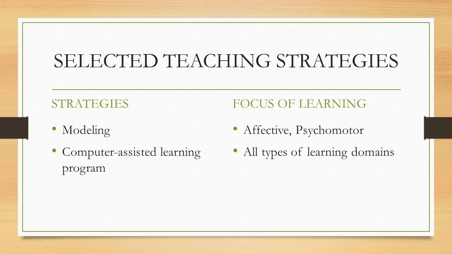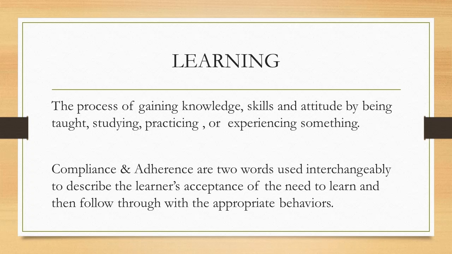You learn by computer-assisted program. So these are the selected learning strategies. You can use any of these when you teach your patients, depending on the patient's situation or condition or level of understanding. So you guys learned about teaching.